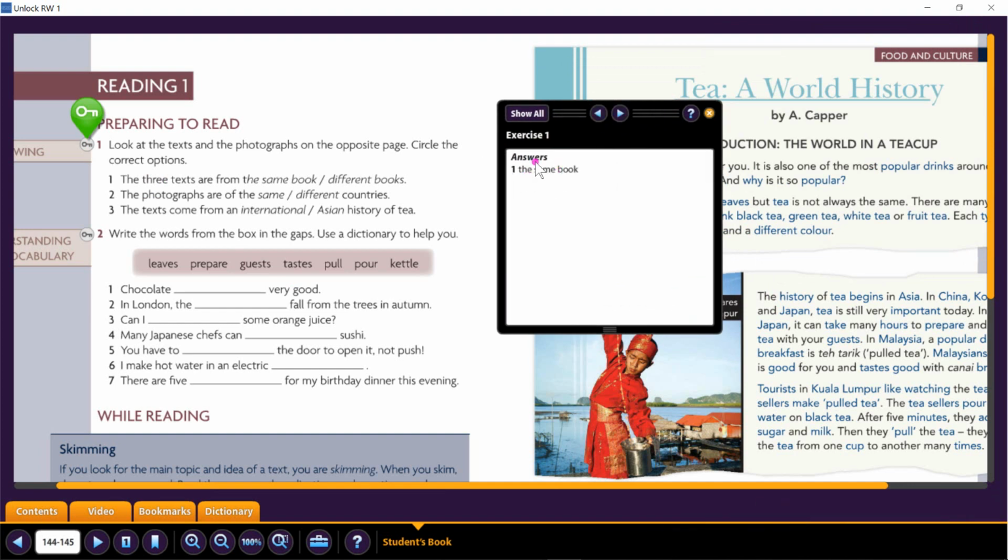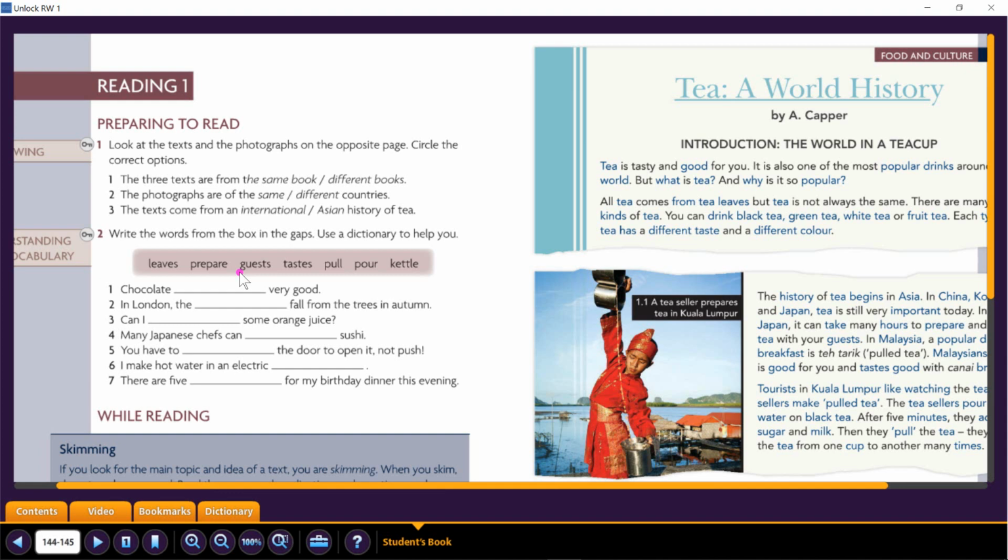Regarding number 1, the 3 texts are from the same book. Number 2, the photographs are of the same or different countries? The correct answer is from different countries. And finally, number 3, the texts come from an international history of tea.